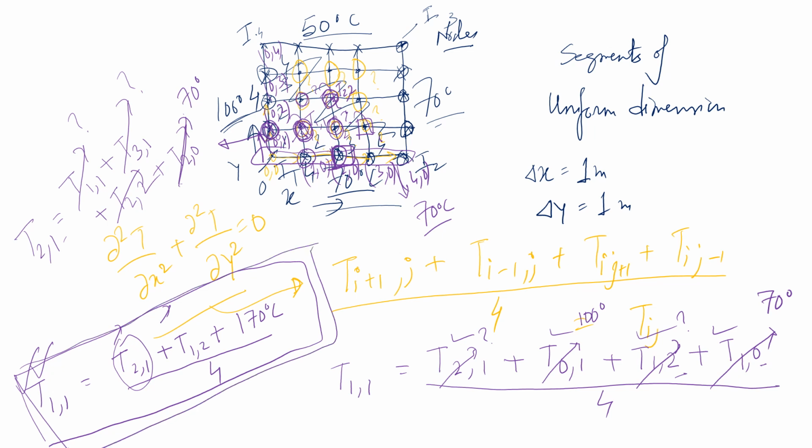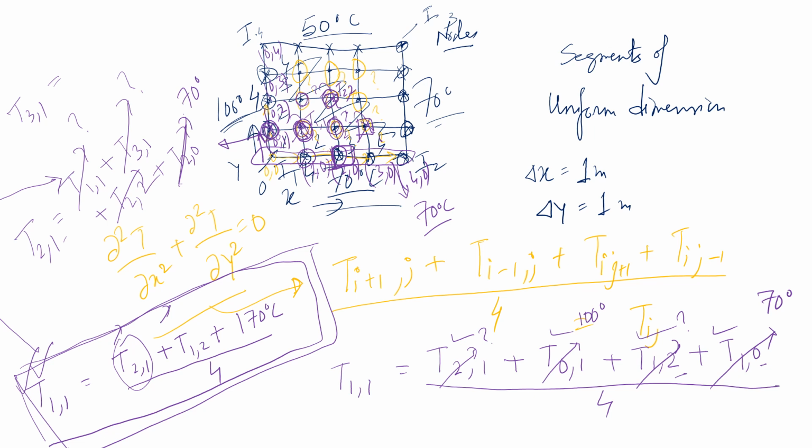And you can put it here. Now similarly, if you try to find out the temperature at this point, that means we have calculated T11, then T21. Now you calculate T31. There also you will find an equation with some values available, but some values are not available.